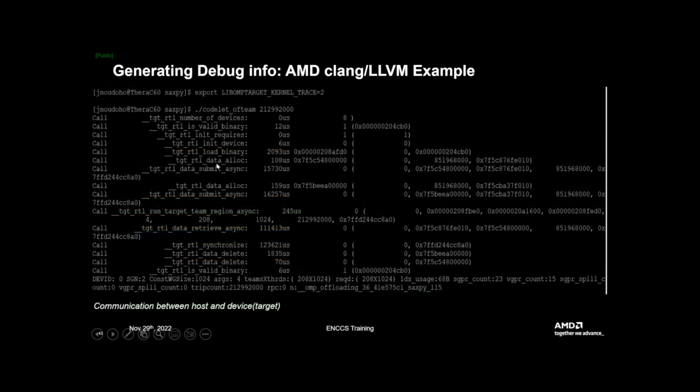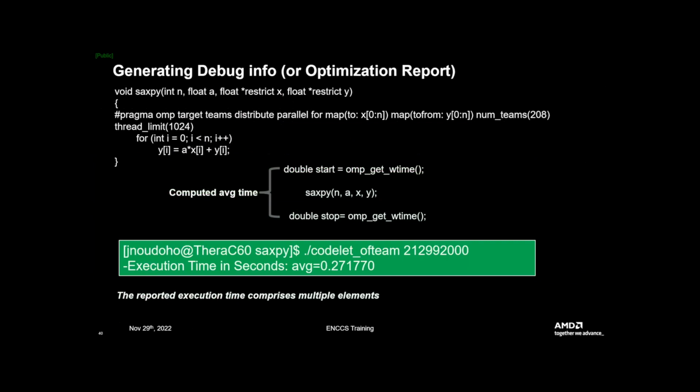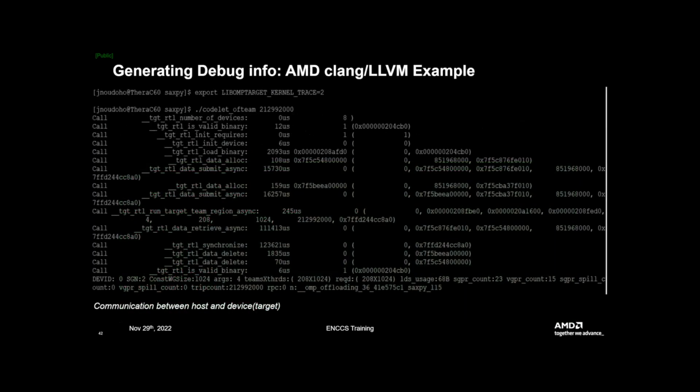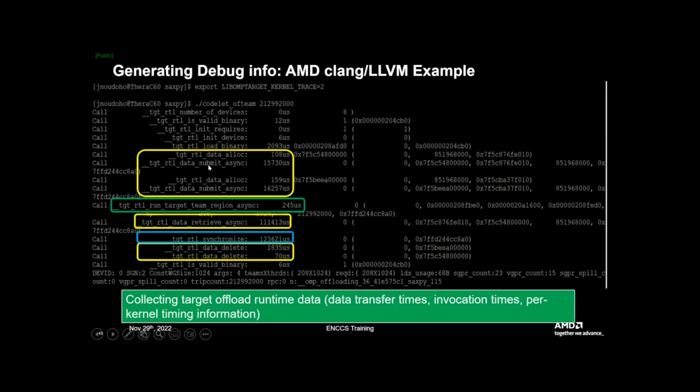Just because, if you remember, in my code here, I did map to X, map to from Y. Because of these two, it needs to allocate space for these two arrays. And because of two arrays, we have two sets of data allocation and data submission.